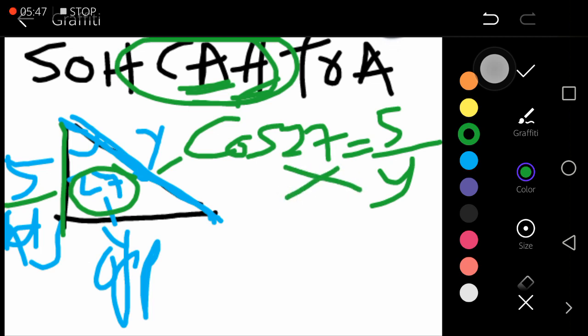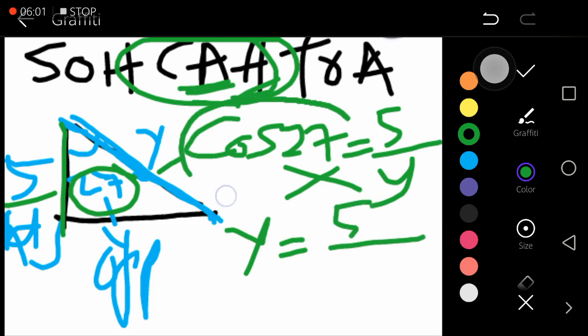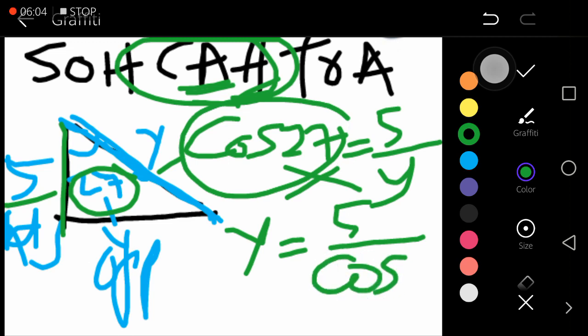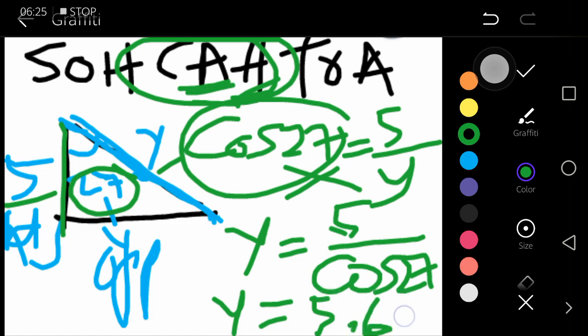Again, cross multiply, over 1. So put y here and transfer cosine to the downside. Cosine 27. So y is equals to, using a scientific calculator, 5 divided by cosine 27, equals 5.61.